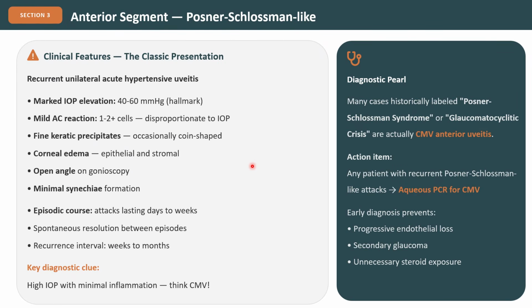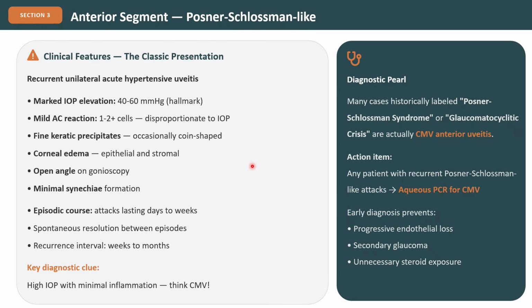Now, one of the classic presentations of cytomegalovirus anterior uveitis is an acute spike of high intraocular pressure resembling the idiopathic Posner-Schlossman syndrome, but it is a completely separate entity. It is not related to Posner-Schlossman syndrome, but the presentation is similar.